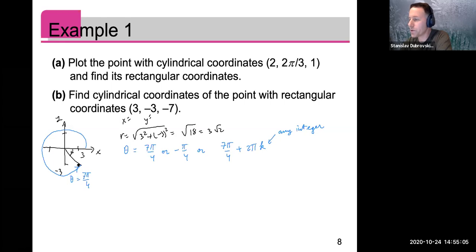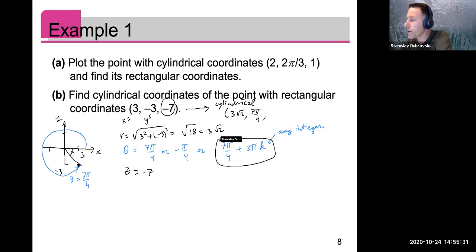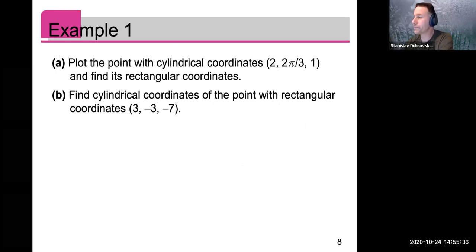The z coordinate is just unchanged. z will be negative 7. So this will convert to cylindrical as 3 root 2, 7 pi over 4, or any one of those, and negative 7. Good. Let's take a look.